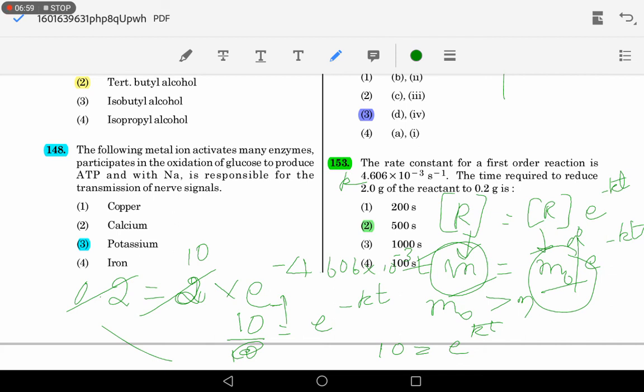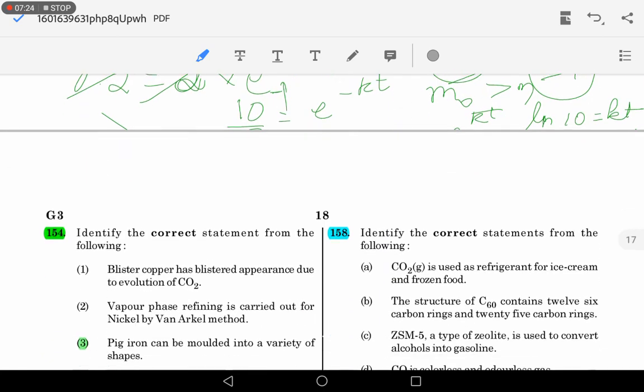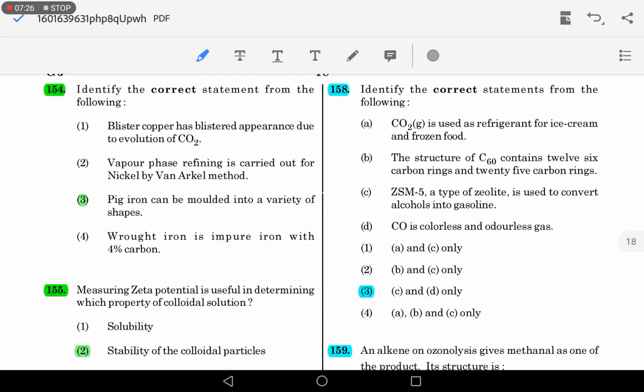Removing the exponential, you take ln 10 equals kt. ln 10 is 2.303 into log 10. Log 10 is 1, equals 4.606 into 10 power minus 3 times t. Simplifying this, you will get the answer as 500 seconds. So you have to take ln on both sides in order to solve this problem.